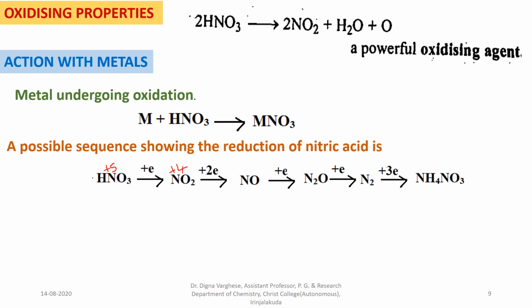In nitric oxide it is the +2 oxidation state, in nitrous oxide it is the +1 oxidation state, in nitrogen it is 0, and sometimes it shows ammonium nitrate, that is -3 oxidation number.